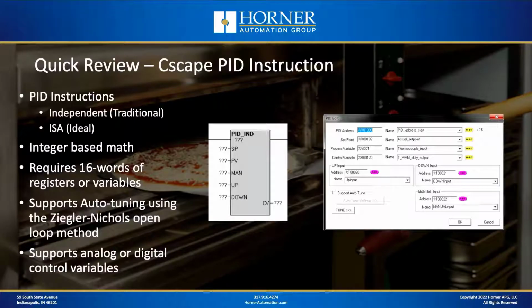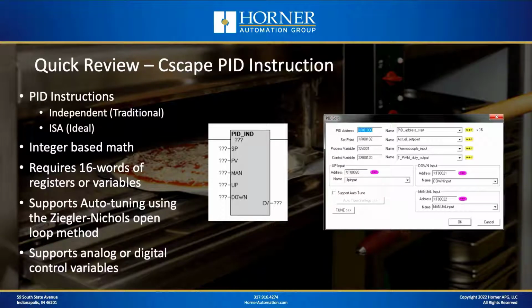Okay, next let's pivot to discussions on the Seascape PID instruction. As I mentioned earlier, we have two variations of the instruction available, both an independent version and its ISA version. It's based on integer-based math, so don't panic. You don't have to have floating point capability to do an excellent job of doing PID control.